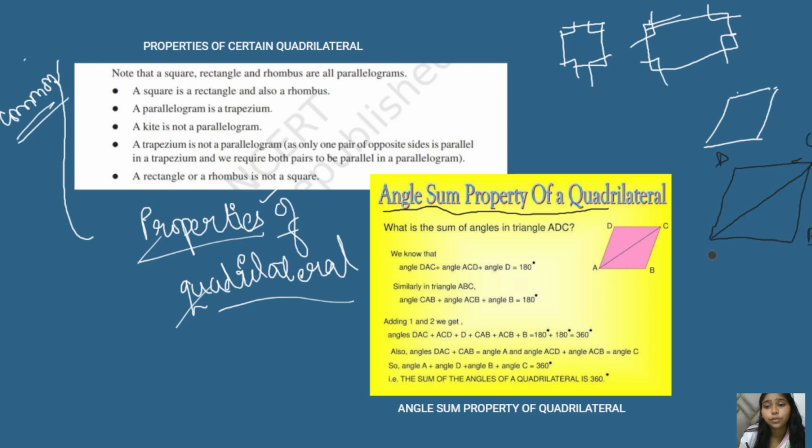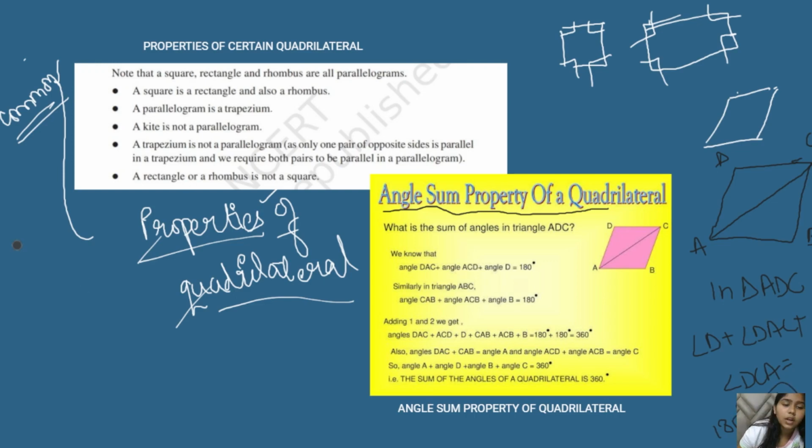What you have to do, I told you that all the chapters in mathematics are interlinked, so you just have to apply that thing. Okay, so basically in triangle ADC, angle D plus angle DAC plus angle DCA is equal to 180 degrees, right? Let it be equation number 1.